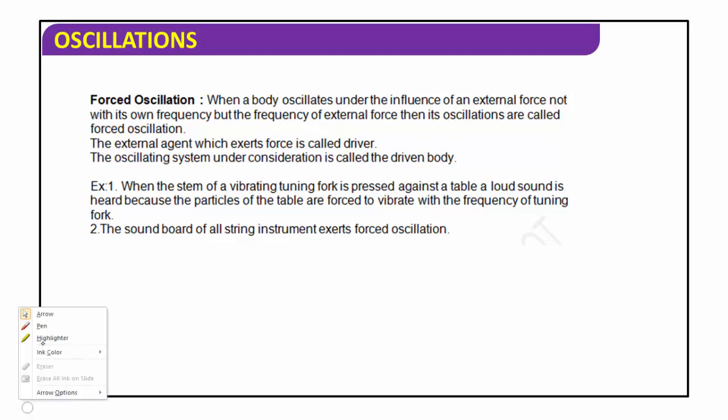Any object does not oscillate by itself. When you apply an external force to such an object and it starts to oscillating, we call those oscillations forced oscillation. When the body oscillates under the influence of an external force and does not oscillate with its own frequency but with the frequency of the external force, then its oscillations are called forced oscillation.